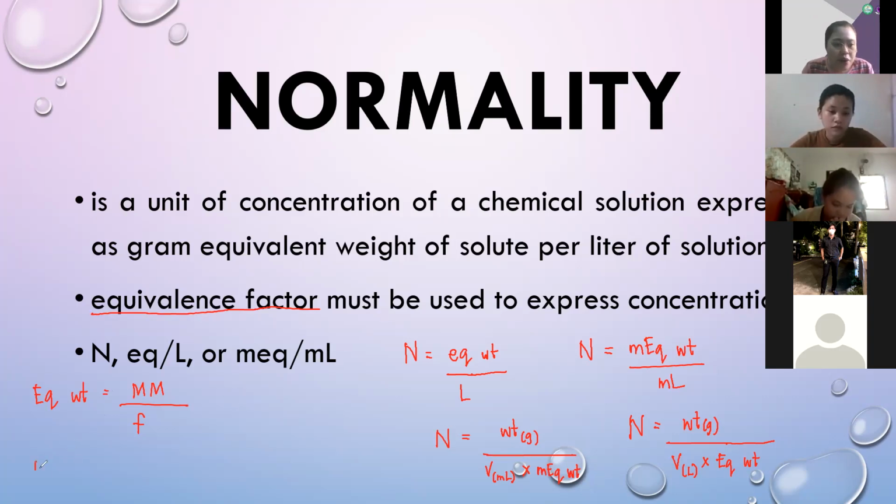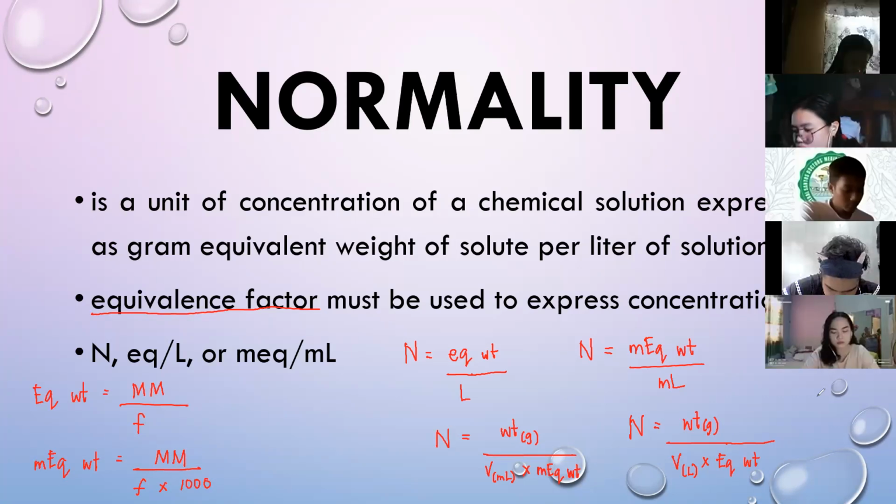And if you're going to compute for the milli-equivalent weight, this is molar mass divided by F times 1,000. Okay? Introduce muna natin lahat ng formula for this before you can compute for the normality.